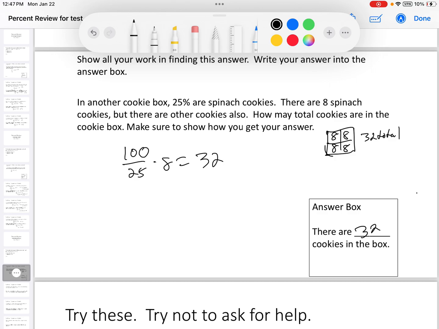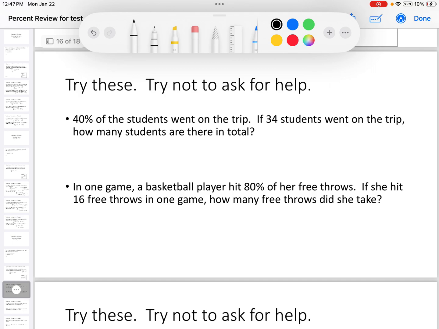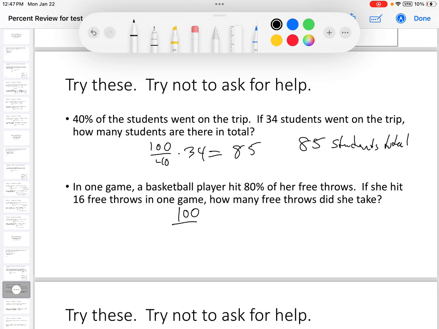Again, there are some practice questions. If you want to do them on your own, pause the video right now. Okay, you've returned. So 40%, 100 over 40 times 34. 100 divided by 40 times 34 is 85. 85 students total. 80%, 100 over 80 times 16. 100 divided by 80 times 16 is 20. 20 free throws.